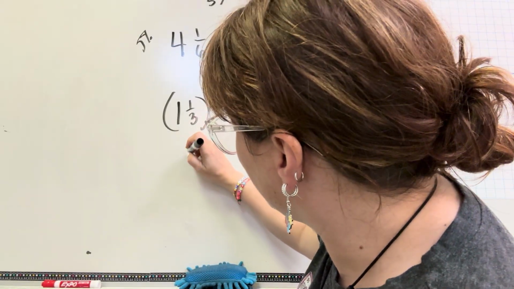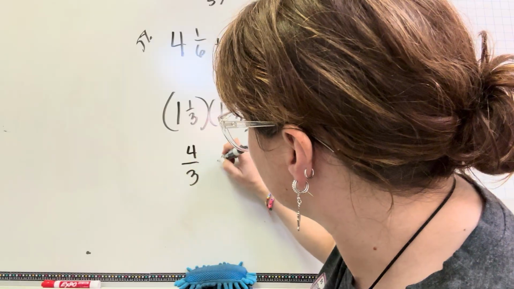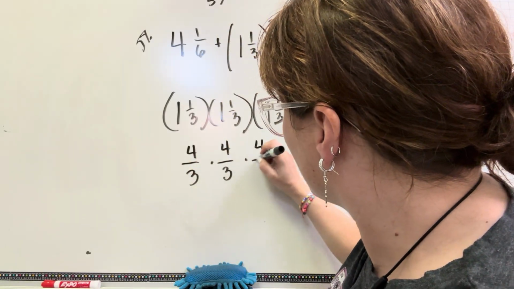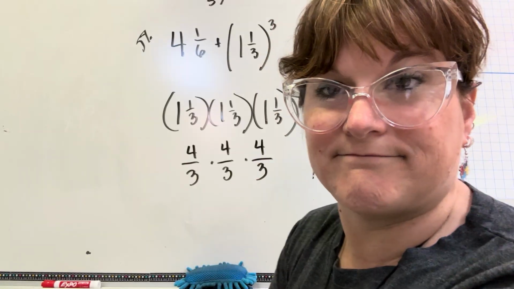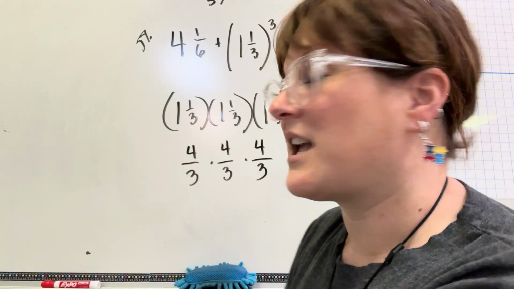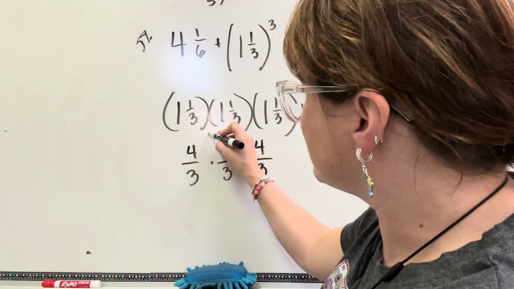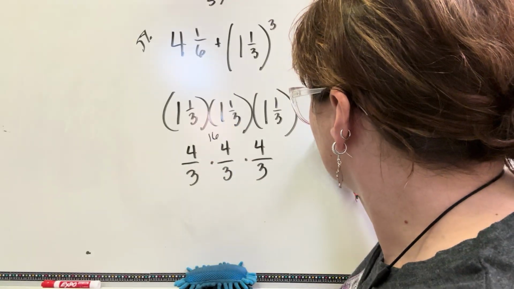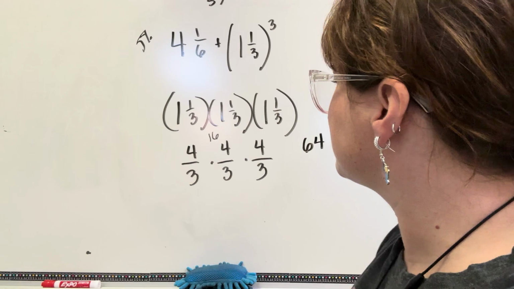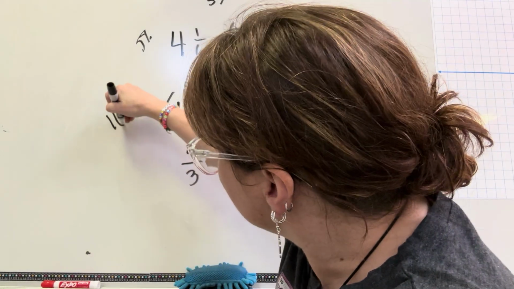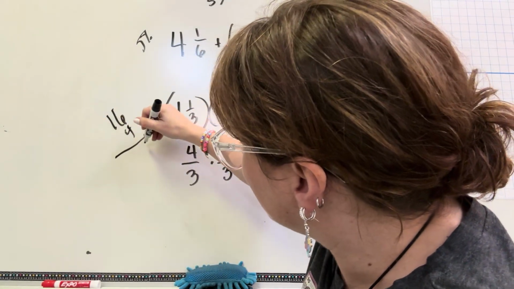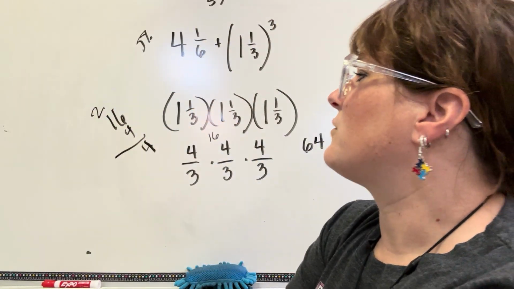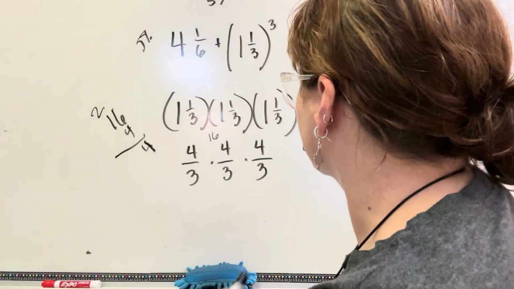So that's going to be 4/3 times 4/3 times 4/3. Fun. 4 times 4 is 16 times 4. 4 times 6 is 24. I believe that is 64.